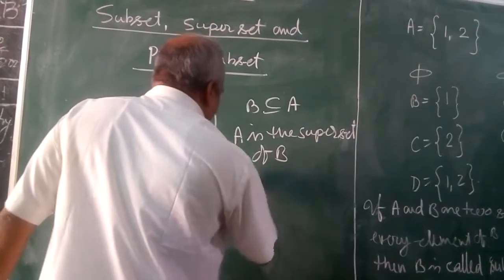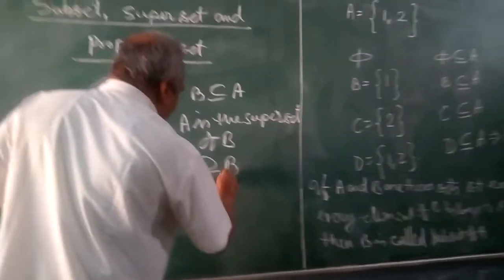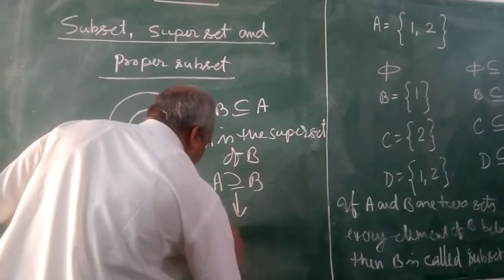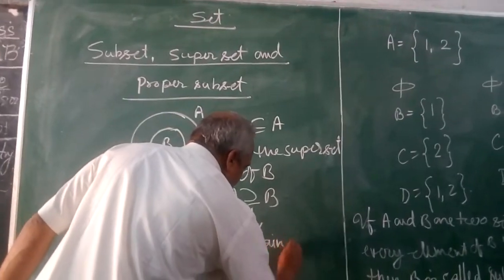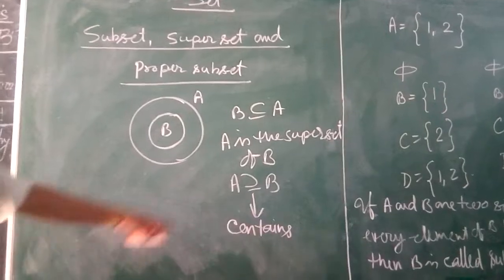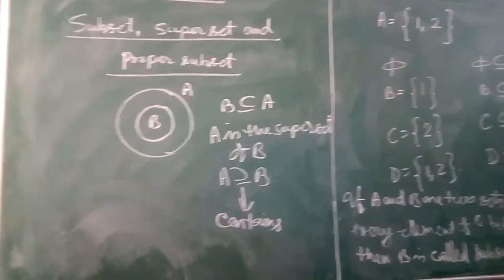We write it A ⊇ B. This symbol stands for contains. A contains B, or A is the superset of B.